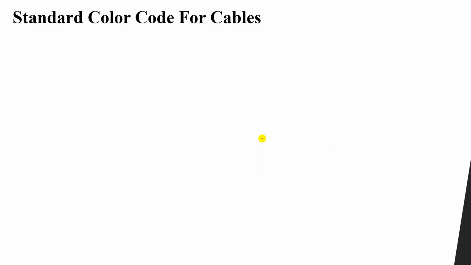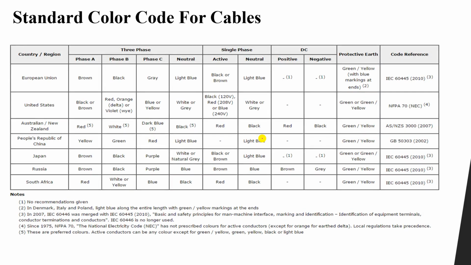Okay, so before we do this, we will have just a small discussion about the standard color code for cables. This will help you to understand the different colors used in different systems. For example, if you have a three-phase system, which is not related to the PV system, a three-phase system in general, you will find that we have the color of phase A, color of B, and the color of C, and the neutral.